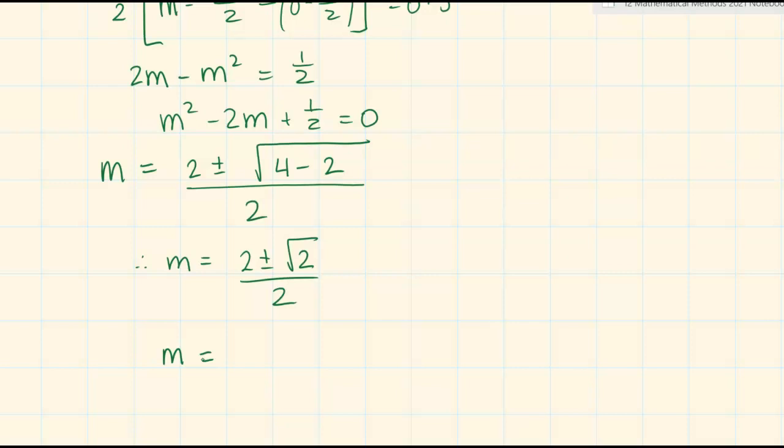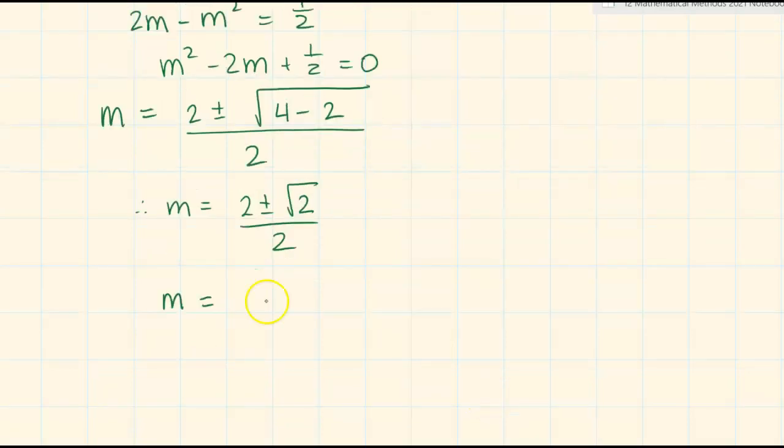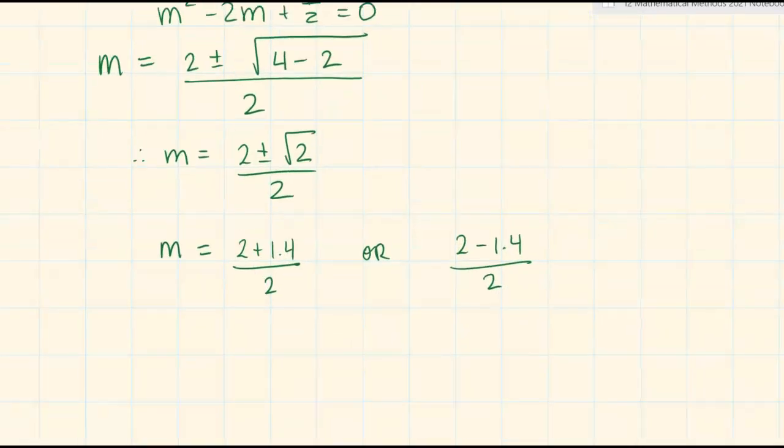It's between 1 and 2. Good, it's about 1.4. So you've got roughly 2 plus 1.4-ish divided by 2, or 2 minus 1.4-ish divided by 2.